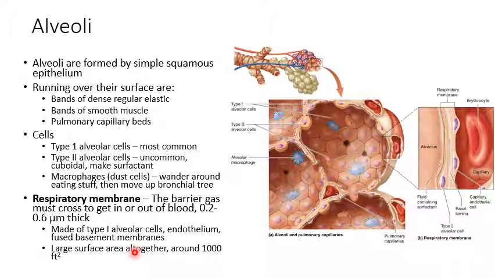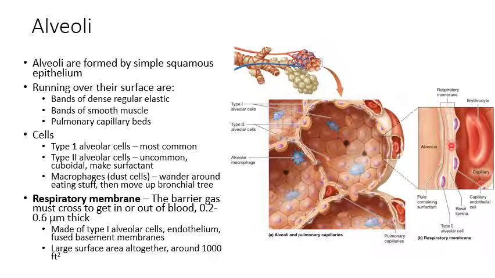Then gas exchange is occurring across what's called the respiratory membrane, which would be between an alveolus and a capillary going across the surface of the alveolus. The respiratory membrane is the barrier that gas has to cross in order to get either into the blood or out of the blood. So you have three layers to the respiratory membrane.